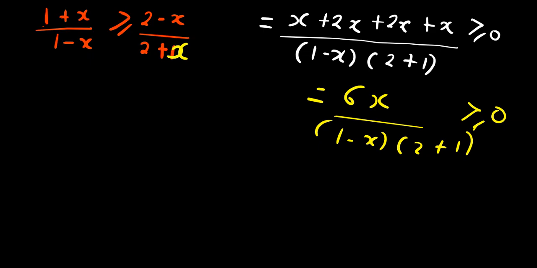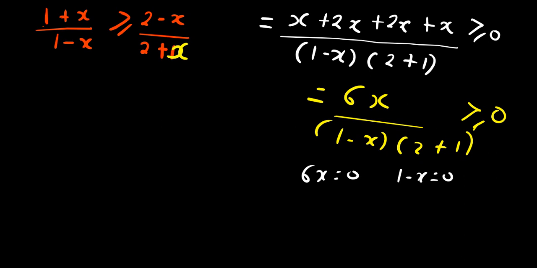So this is the expression that we have. At this point we equate everything to 0 to find our x values. So 6x should be equal to 0, 1 minus x should be equal to 0.